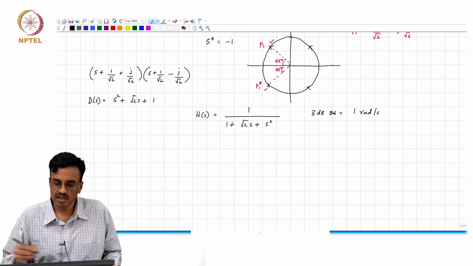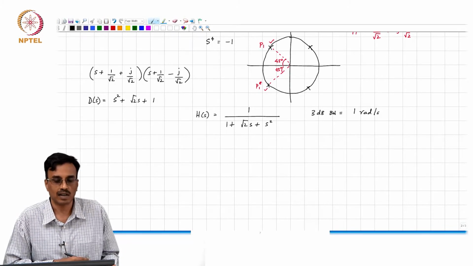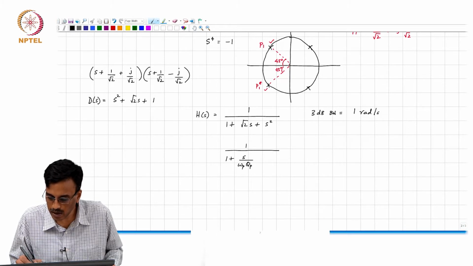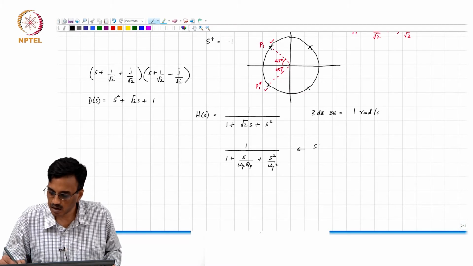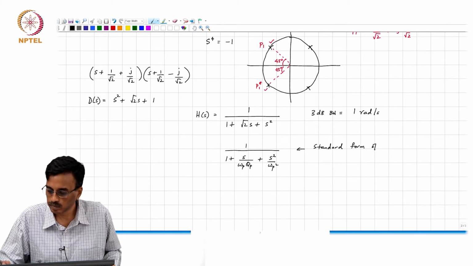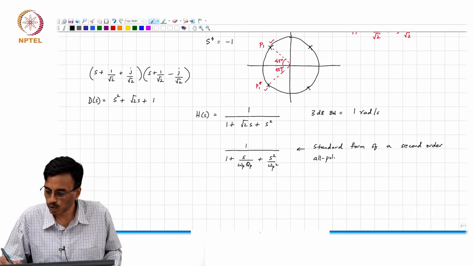Now, I am sure you are aware of the standard form of writing a second order transfer function, which is 1 plus s by omega p q p plus s square by omega p square, the standard form of a second order all pole section.